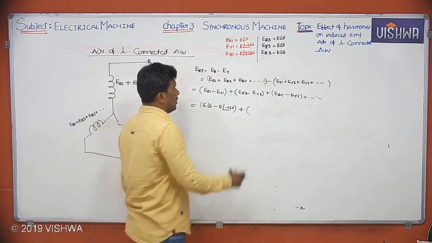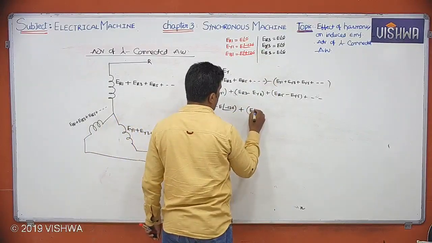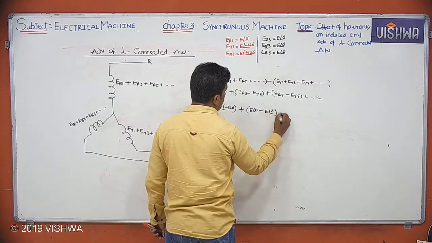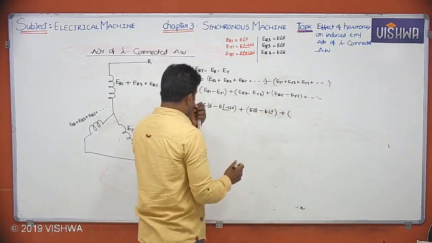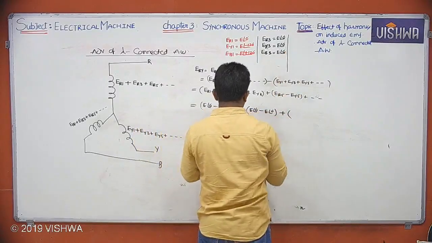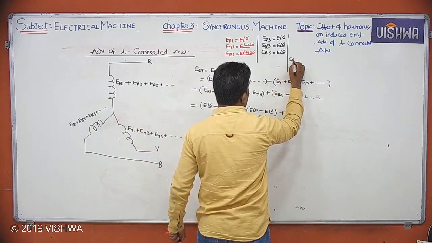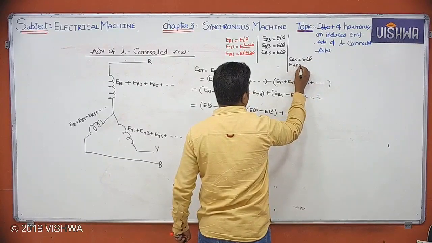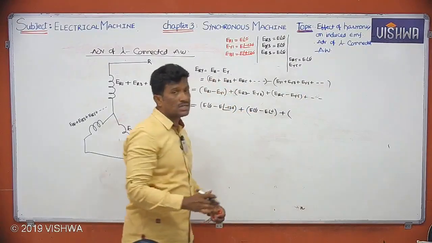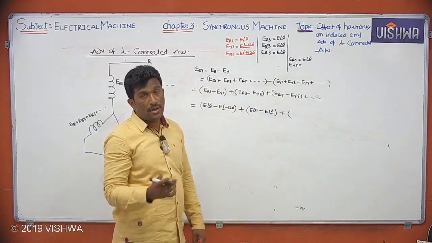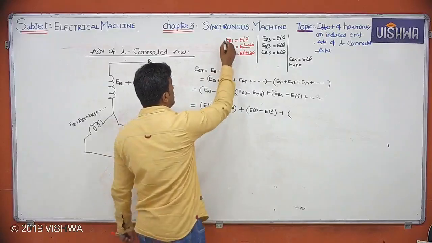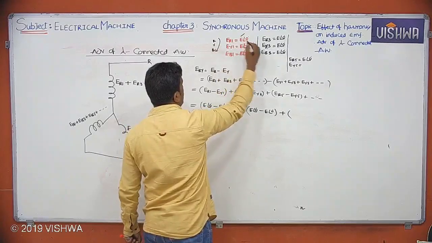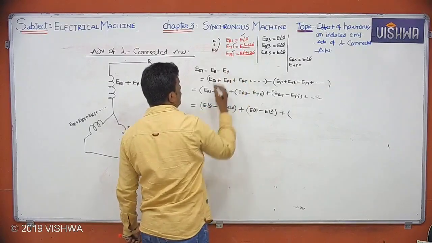Okay. So now tell me the ER3 value, how much? E at 0 minus, what is the value of EY3? E at 0 plus. What about ER5 value? Solve this. ER5 value, if you take E at 0. The fifth harmonic voltage can be called negative sequence voltage. See here, what is the phase sequence of the fundamental? RYB means first R phase, next after 120 Y phase, after 240 B phase.